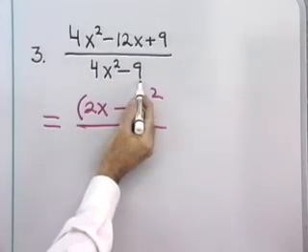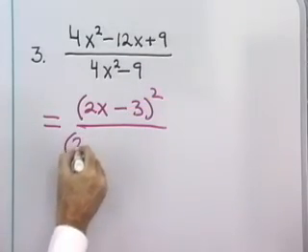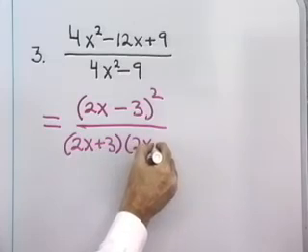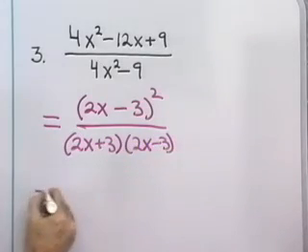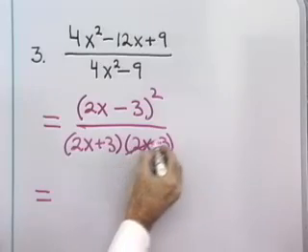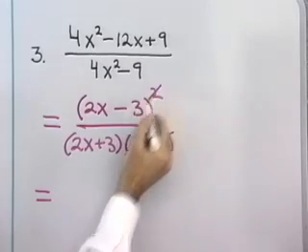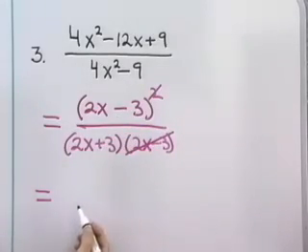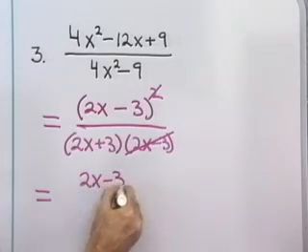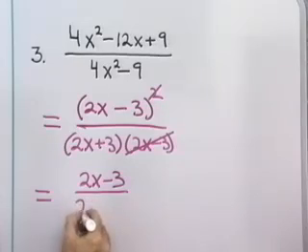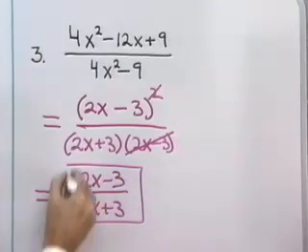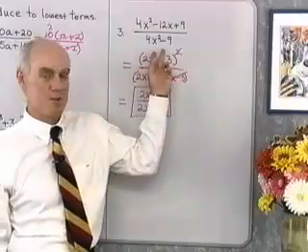This is the difference of two squares in the denominator, so I have 2x plus 3 times 2x minus 3. So I'm going to divide out the 2x minus 3 in the denominator with one of the factors of 2x minus 3 in the numerator. What's left then in the numerator is 2x minus 3, and what's left in the denominator is 2x plus 3. So that's the reduced form of this rational expression right here.